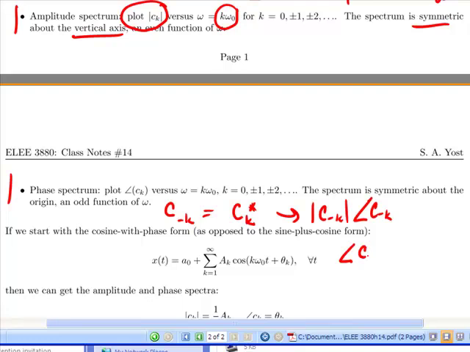The angle of c minus k equals negative the angle of ck because of this complex conjugate relationship. So this one is an odd function.